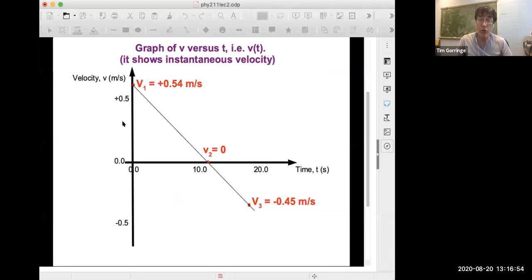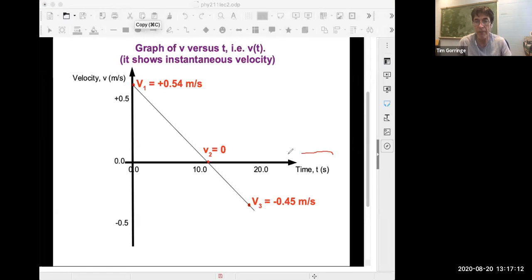Okay, here's a graph of velocity versus time. The earlier graph was of position versus time, but you can also draw velocity versus time, and so I drew that out. On this graph, the horizontal axis is time, like it was in the earlier graph.